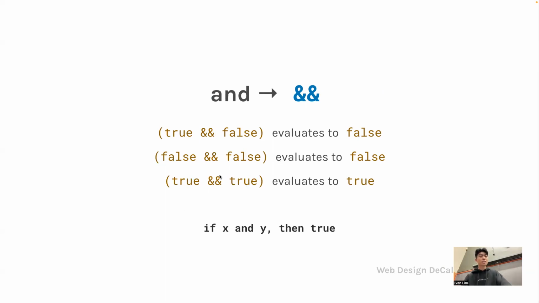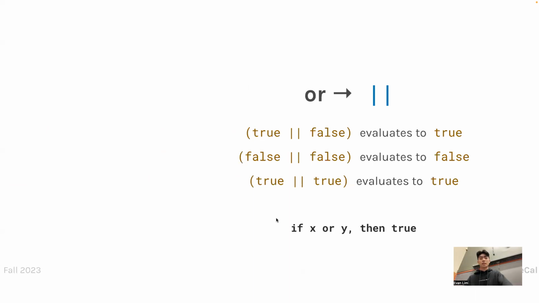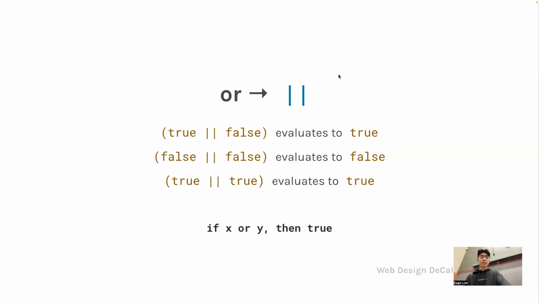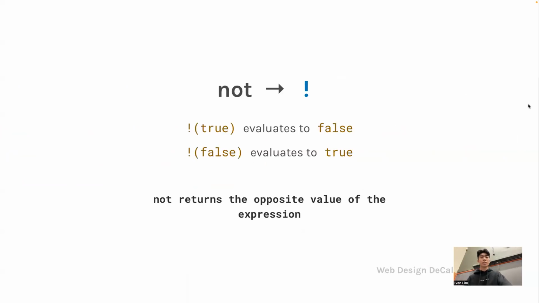Only when both expressions are true does the whole thing evaluate to true. Or is the flip of that. Only one of the 2 expressions has to be true for the whole thing to be true. And also not is just whatever it is, just flip it. So not true would turn into false, not false turns back into true.